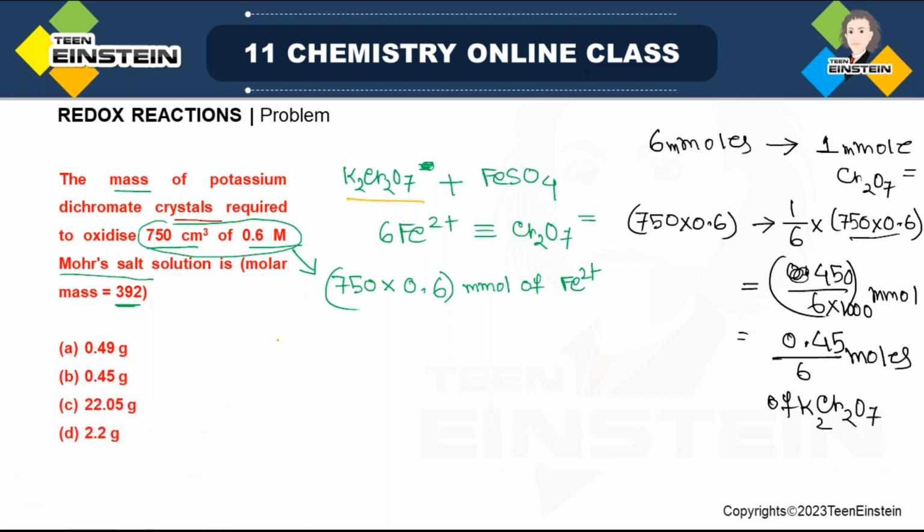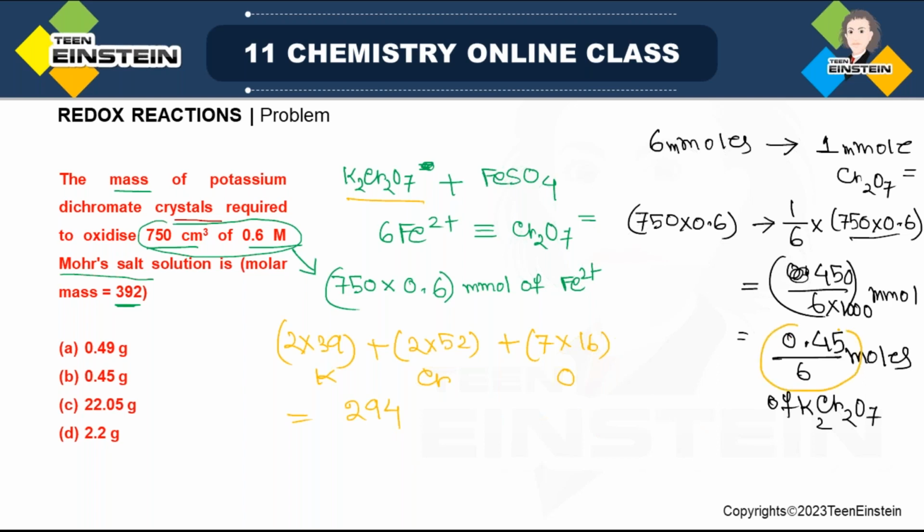Now we will calculate the molar mass of K2Cr2O7. So here we have 2 potassium, so 2 into 39 for potassium, 2 into 52 for chromium, 7 into 16 for oxygen. You will get 294. That is the value for the molar mass of K2Cr2O7.